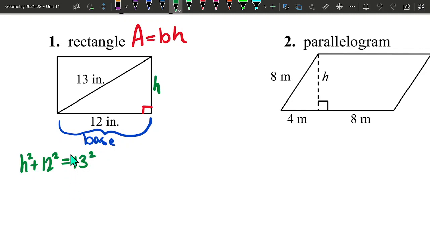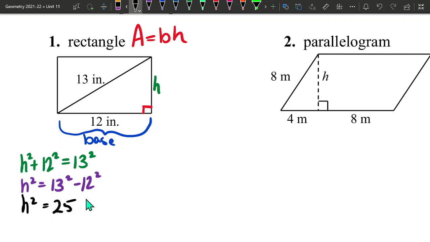I like to solve for these by subtracting the 12 over first. So that's what I'm going to do. I'm going to subtract 12. So h squared equals 13 squared minus 12 squared. And I can type that in the calculator. So h squared equals 25. So because I recognize that my h has to be smaller than 13, it's a clue that I'm not finished yet.